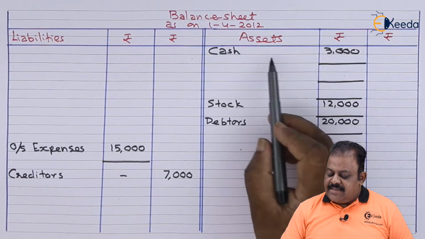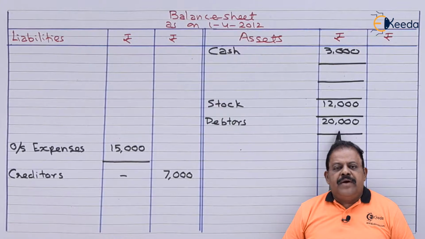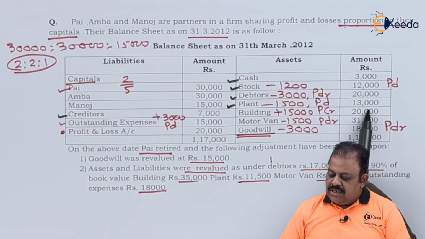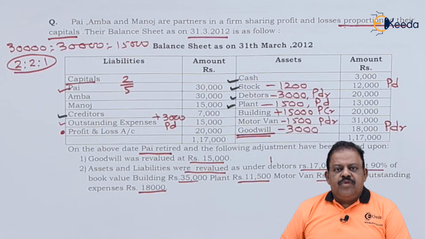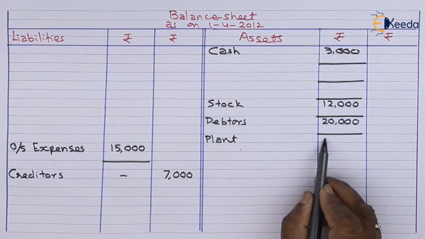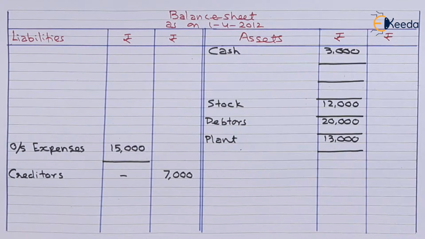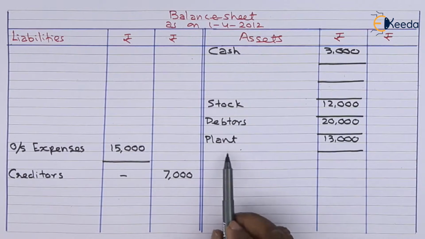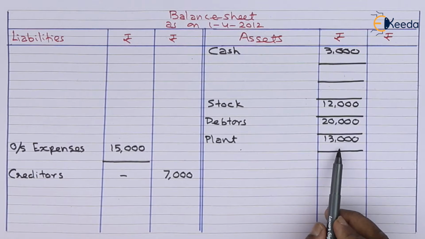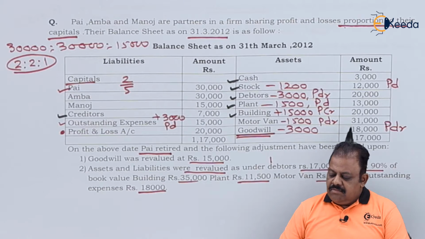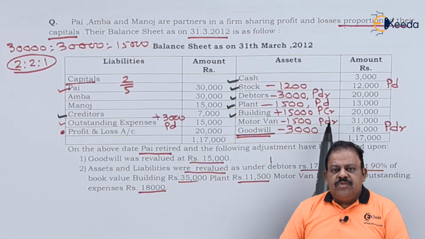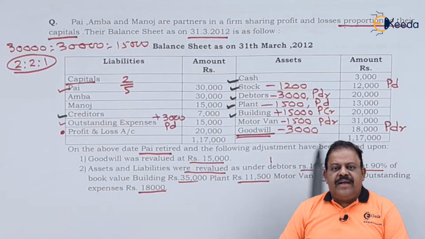New balance sheet asset side, debtors inner column 20,000. Plant 13,000. New balance sheet asset side, plant inner column 13,000. Building, there is an adjustment. New balance sheet asset side, inner column 20,000.